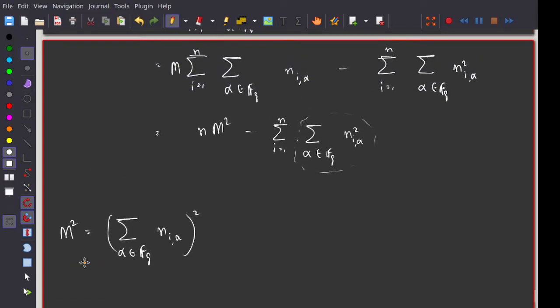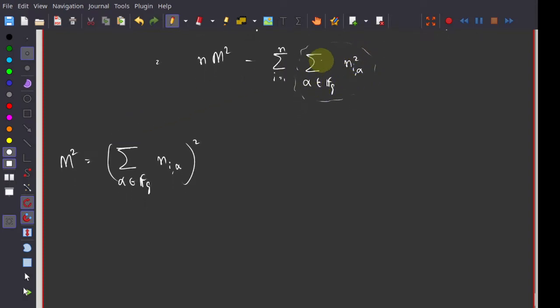So basically I want to bound summation over alpha of n_i alpha square. You agree that m is equal to summation over all alpha of n_i alpha? You're looking at the ith coordinate, and n_i alpha is the number of code words for which the ith coordinate is equal to alpha. Since you're summing over all alpha, basically you're counting all the code words. So this quantity is equal to m. I'm just squaring both sides.